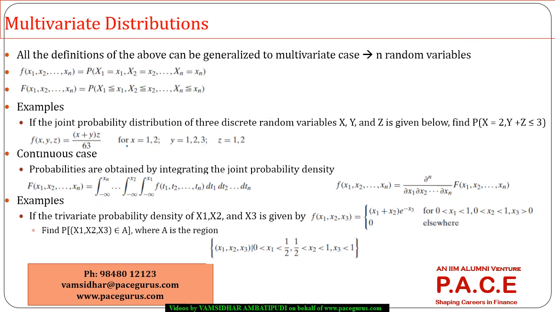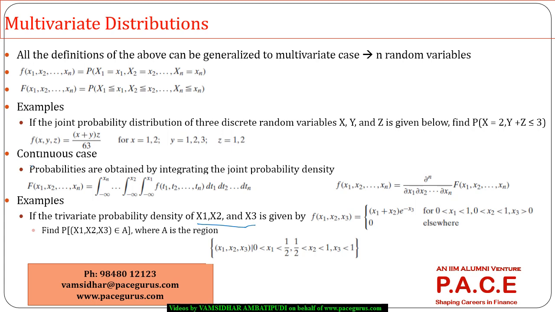Now let me take the case of continuous, right? I'm saying a trivariate probability density having three random variables x1, x2, x3. So the probability density function is given by f of x1, x2, x3 is x1 plus x2 multiplied by e to the power of minus x3, wherein x1 is between 0 and 1, x2 is also between 0 and 1, but x3 is positive, right?